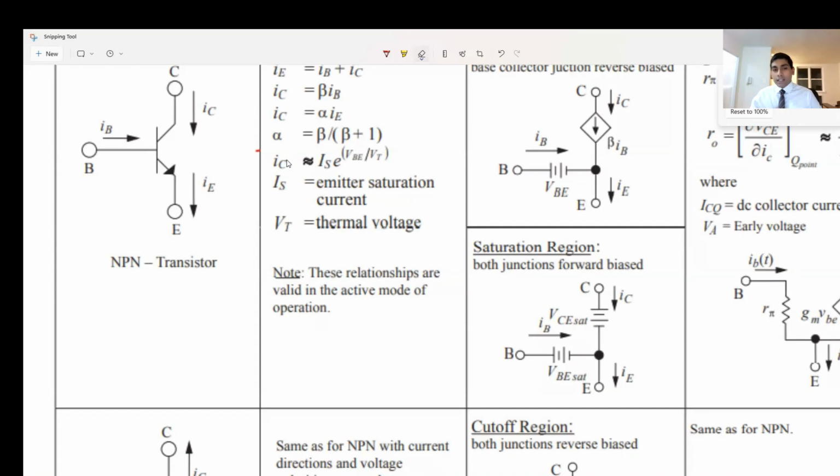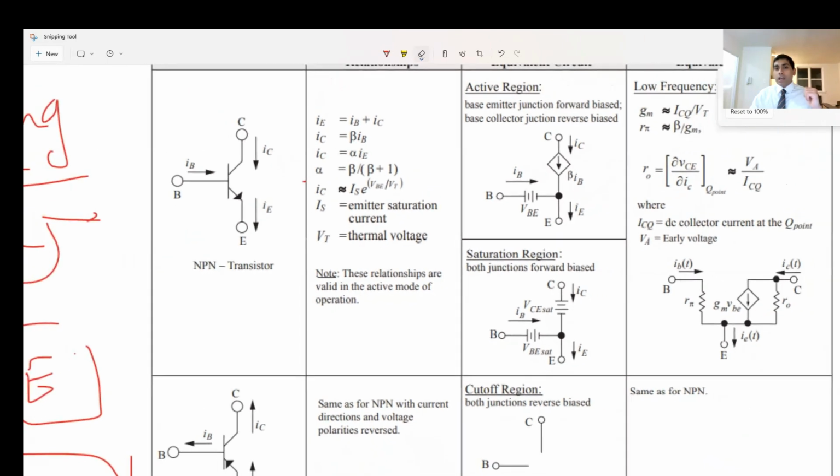Now, the next thing that you are trying to understand is the collector current, which is also given by this equation. IS is the saturation current. Now the thing is, it can operate in three regions: the cutoff region, the active region, and the saturation region. We will be focusing more on the saturation region right now.